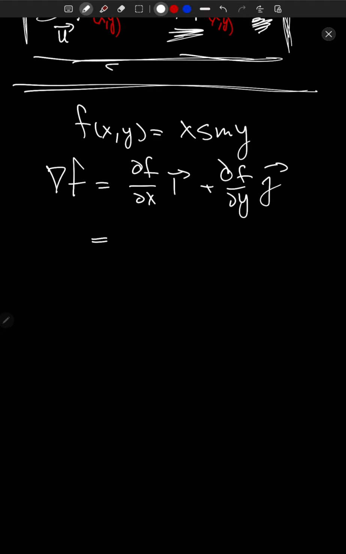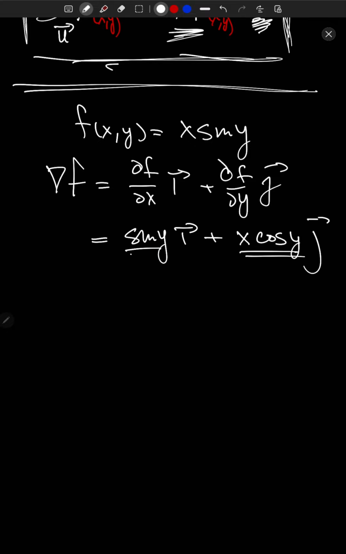That's equal to df dx, which is sine y, i, and then df dy is x cosine y, j. So this is the gradient of f, and you can see that it depends on x and y. At every different point on the plane, we're going to have a different vector representing the gradient at that point.